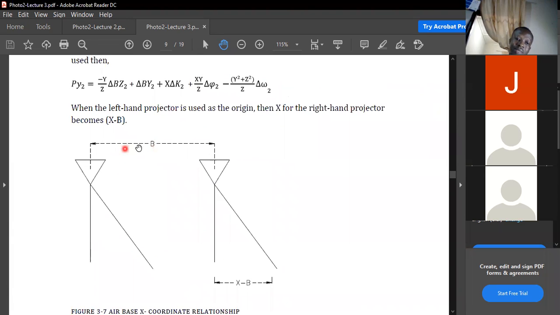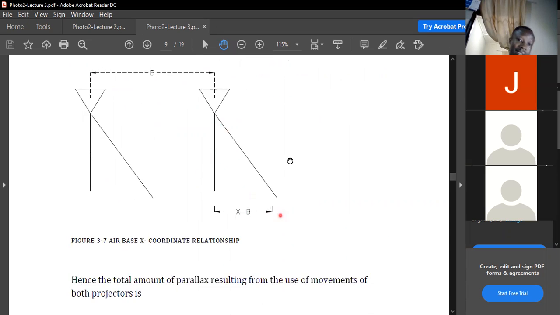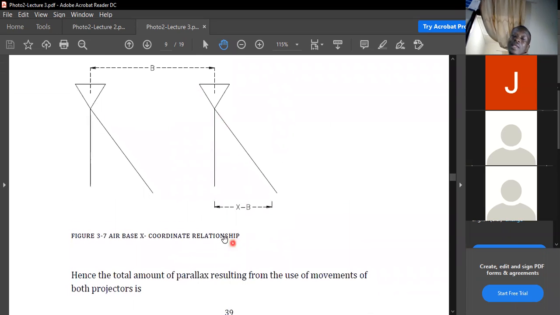This is the air base or the photo base or model base that we are looking at. Okay, this is the model base, B, and then we can reduce the coordinates on the right hand side by x minus b. It's as if you are working in one coordinate system and moving to another coordinate system, and you need to reduce all the coordinates by a shift.